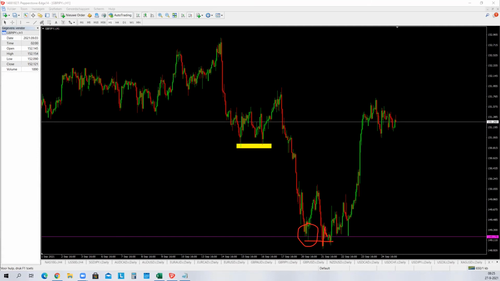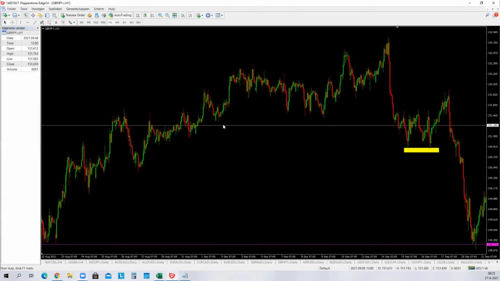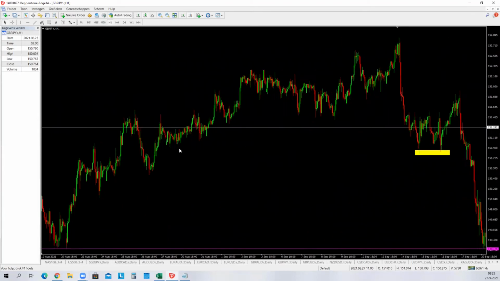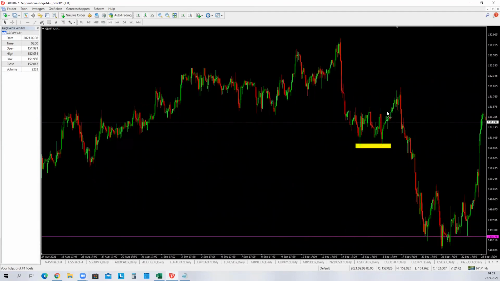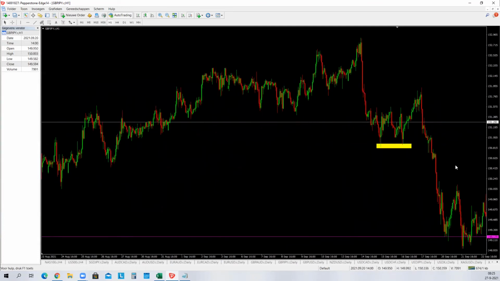So what you want to do at key levels of support and resistance, especially if you were wanting to buy support, let's say price is here and you want to buy support below market. So I'm not talking about breakout of a range and then this becoming support. I'm talking about supports at swing points. So you want to buy this support level.